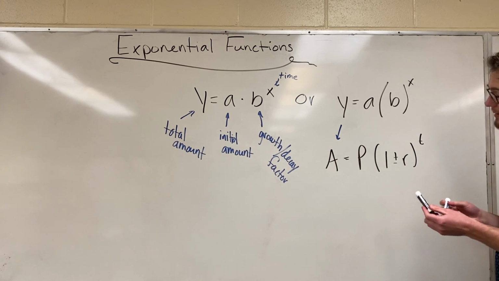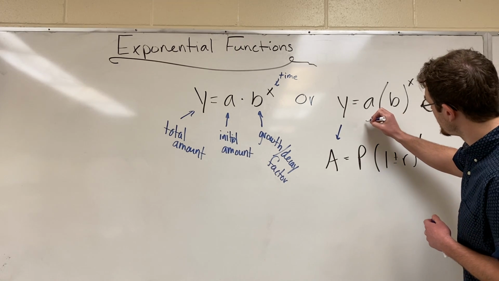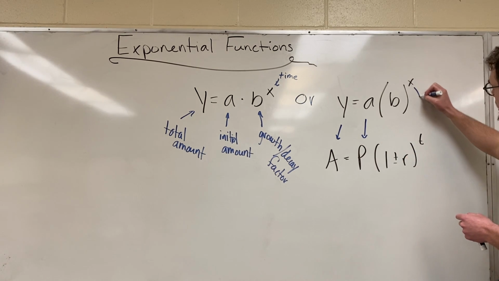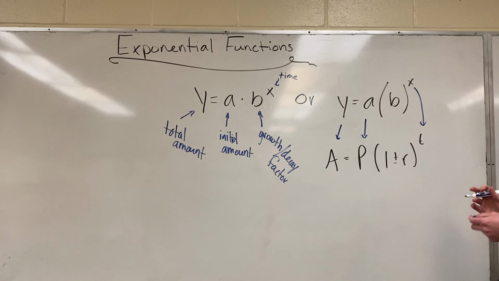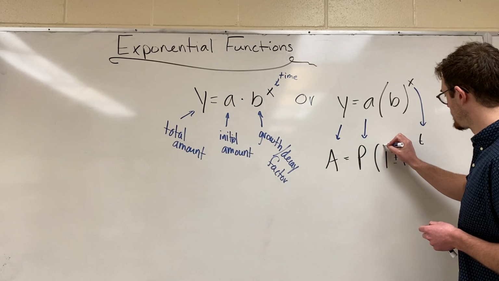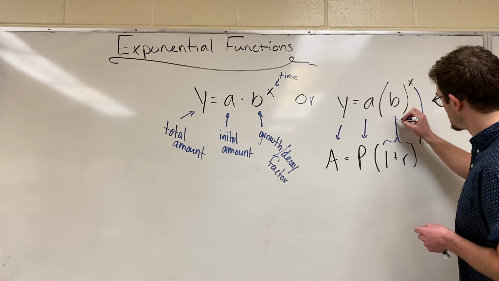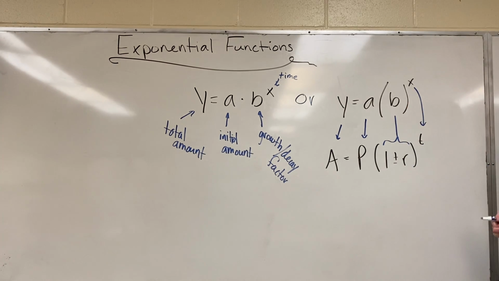So y becomes A. A little a is going to become P. X is now always time, no matter what. We're talking about time. B has changed a lot. Now B is the only one that has actually changed.